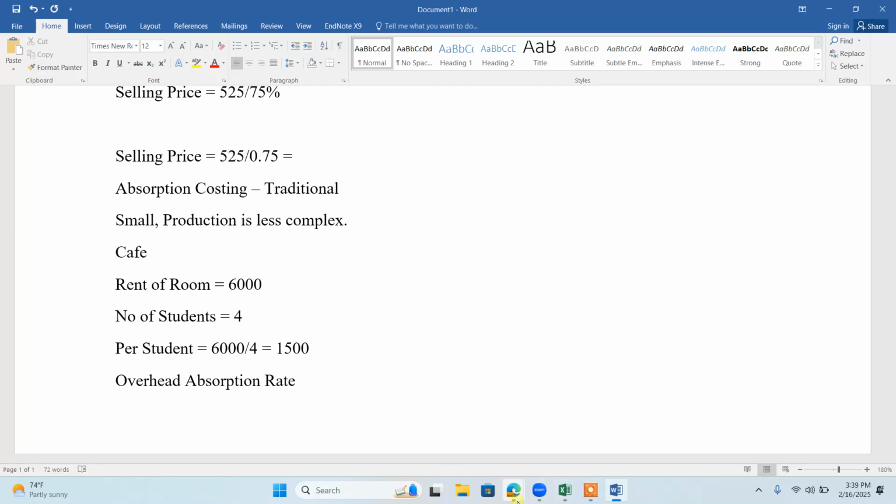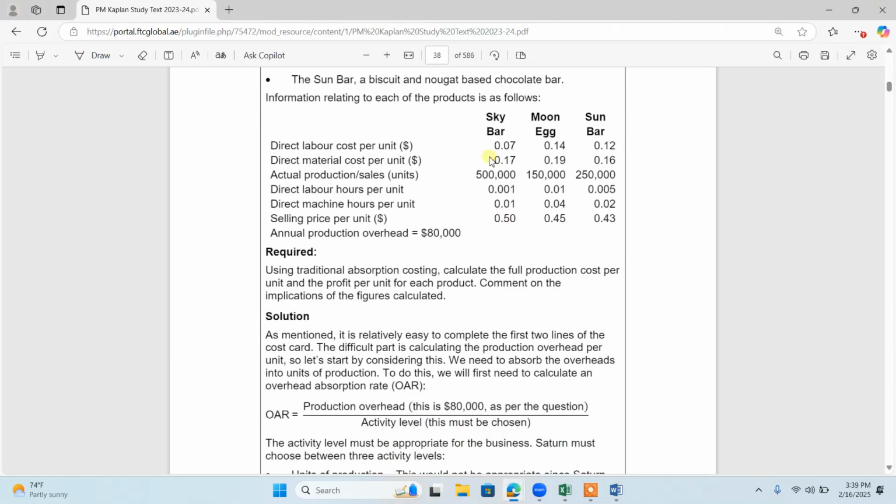Look, if you see the question, we have the direct material cost for 1 unit, which is 0.17. For direct labor cost in the Sky Bar, it is 0.07. It's clearly mentioned. But in overhead, it's not mentioned. They have given it all as 80,000. Why?